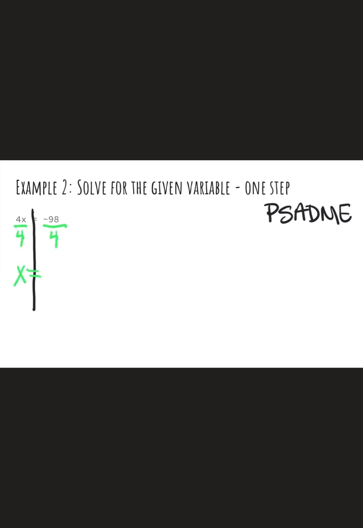Negative 98 divided by 4 is going to be negative 49 over 2, or as a decimal, that's x equals negative 24.5.